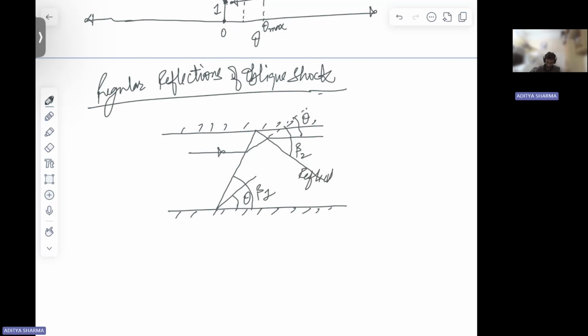This is your reflected shock. This is your incident shock. So this is your region 1, this is your region 2, and this is your region 3.